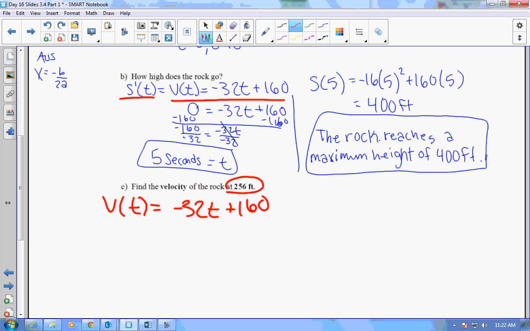Where? Because is 256 time? No. So plug in 256, see what you get. There's only one t there, so it should be quite simple to solve.